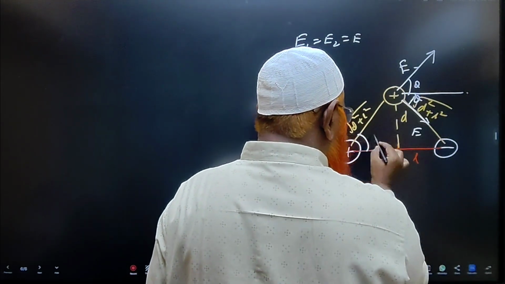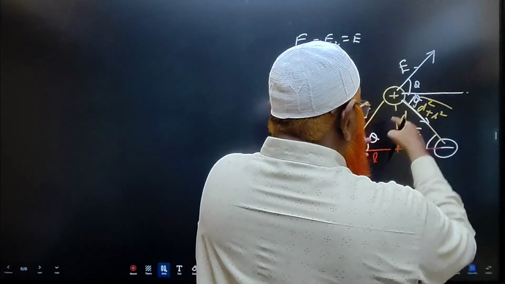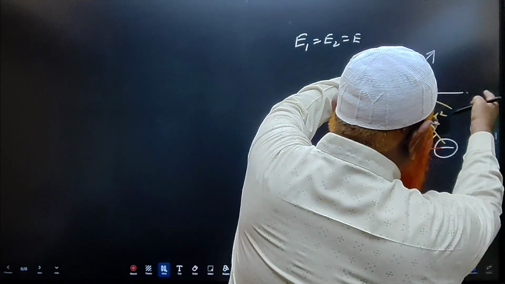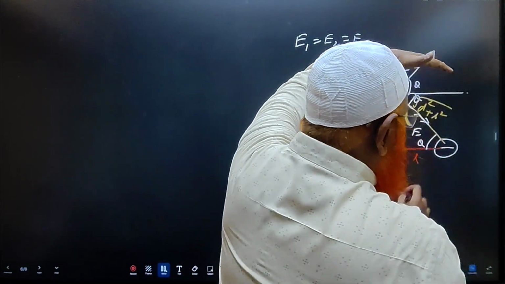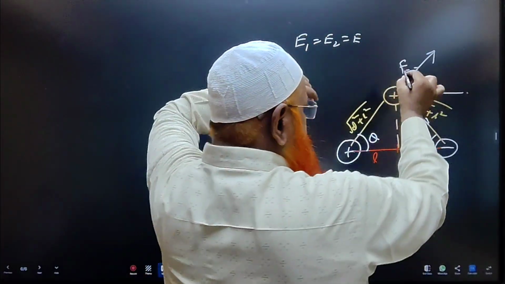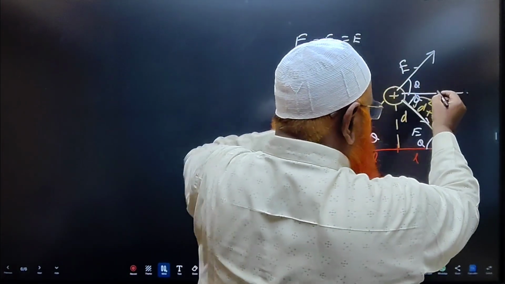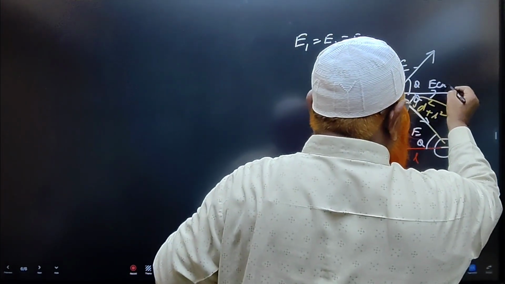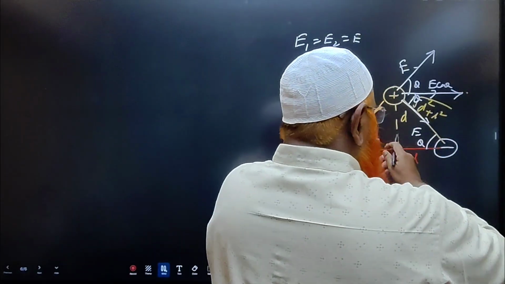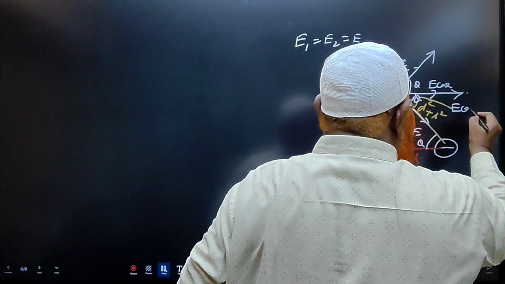Why? Because these two are corresponding angles, and if the lines are parallel, alternate interior angles. Both will be the same. So the component of E in this direction is E cos theta, and the component of the other E in this direction is again E cos theta.